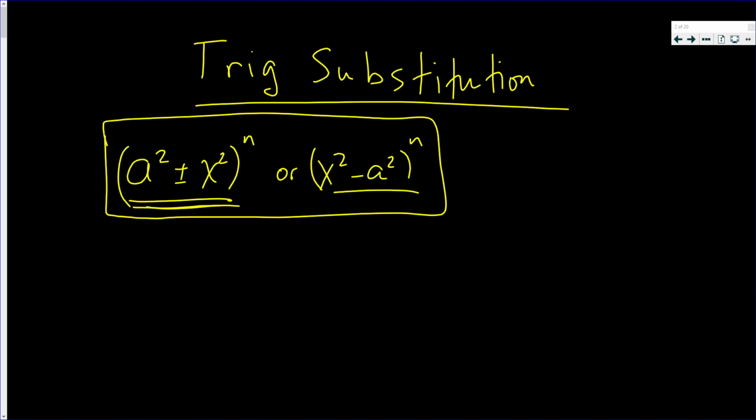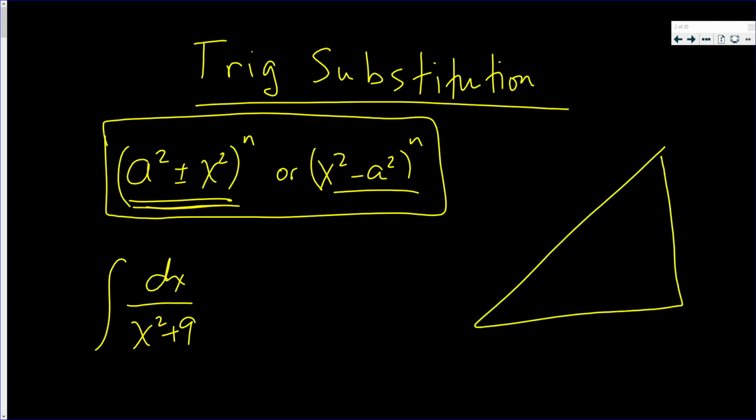Suppose you have the integral of dx over x squared plus 9. Now you might remember that this is an arctan integral. Fine, but in case you don't remember, when it comes to x squared plus 9, it's understood to be plus x squared. So this piece has a plus in front of it, and so does that.